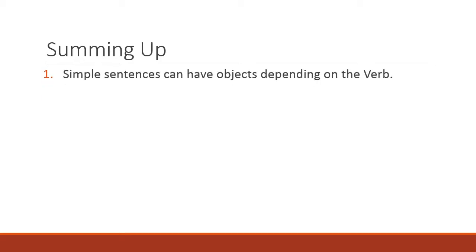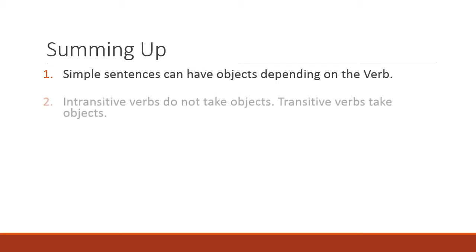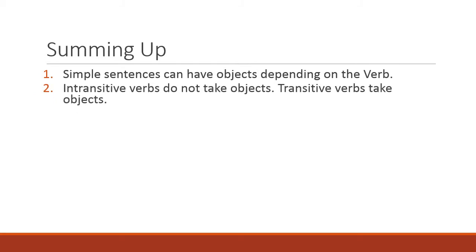Now let's sum up what we have learned so far. So we have learned that simple sentences can have objects depending on the verb. So depending on the verb, they can take either one object or two objects, or they do not take any object and just have a complement. Intransitive verbs do not take objects, whereas transitive verbs take objects.